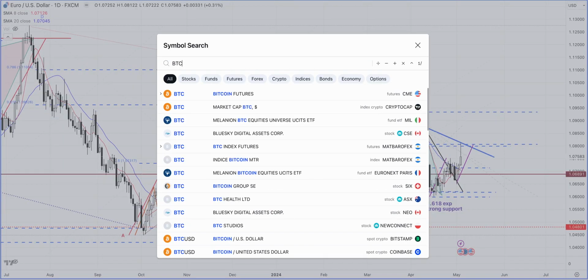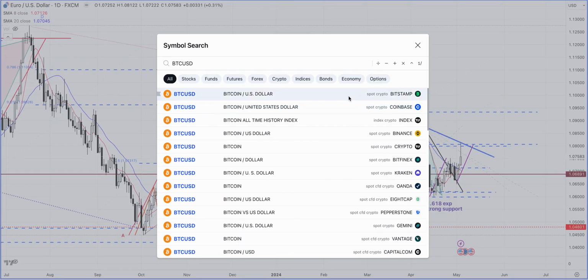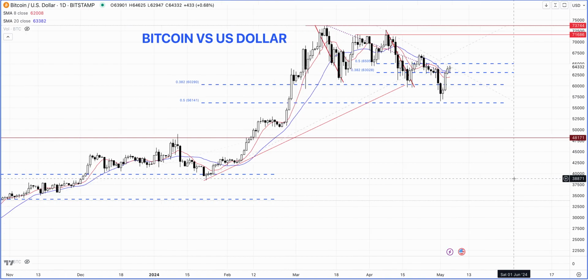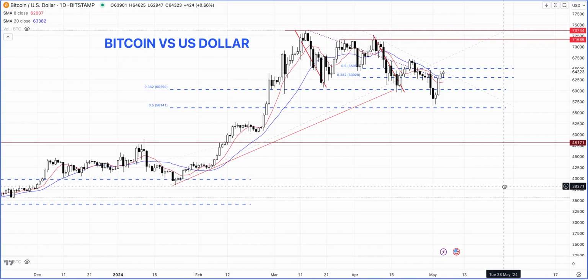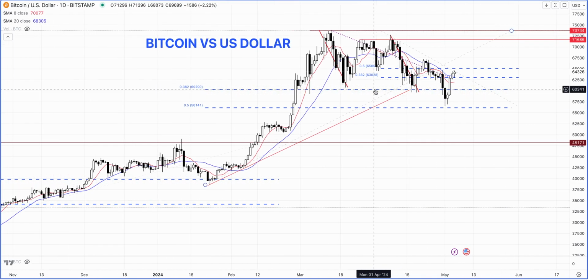We'll also take a look at Bitcoin. So here is the chart for Bitcoin versus the US dollar. Now, one of the things that we were really watching for was this 38.2% retracement coming around $60,000 per coin. We also had this one-to-one price projection.